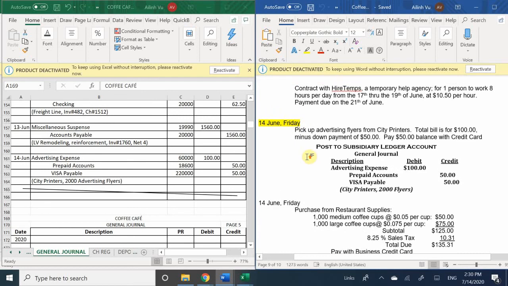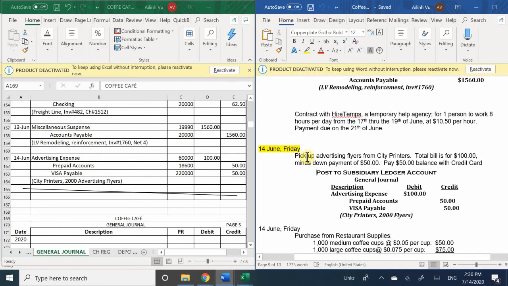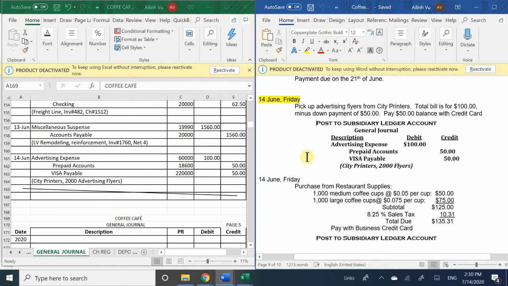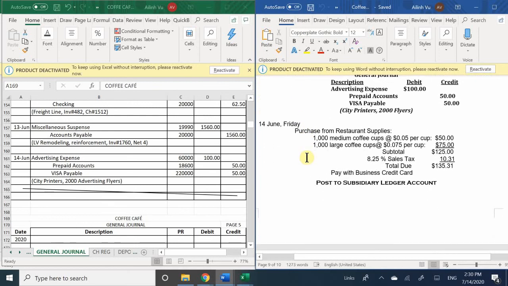Okay. Goodness. Now that we finally picked up our flyers, the next thing that we did is we actually purchased from restaurant supplies, because we need to buy cups, of course. We're going to sell coffee. We need to buy cups to sell the coffee. Because we decided not to go through a vendor, we decided to go to a restaurant supply store.